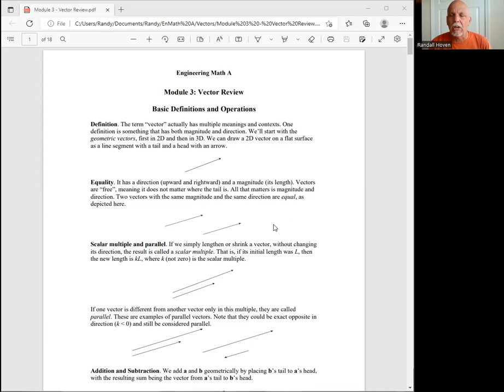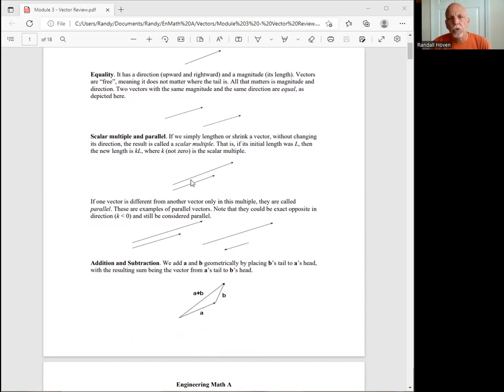We say two vectors are equal if they have the same magnitude and direction. They don't have to be in the same place. If all you do to get from one vector to another is scale its length, then you call that a scalar multiple of that vector, and those two vectors are parallel.